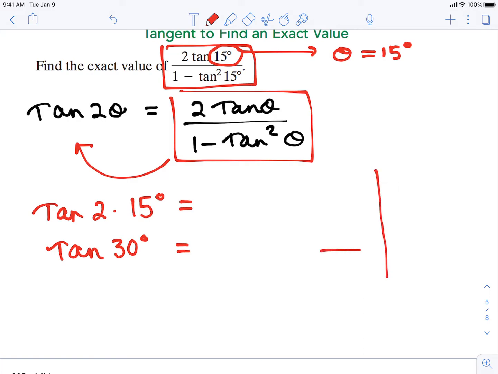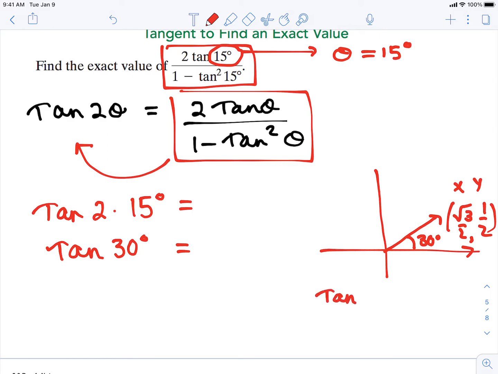So let's go off to the right side here. Here is about 30 degrees. It has the ordered pair, square root of 3 over 2, 1/2, x and y. So to find the tangent value on the unit circle, from unit 4, you're going to take the y over the x.